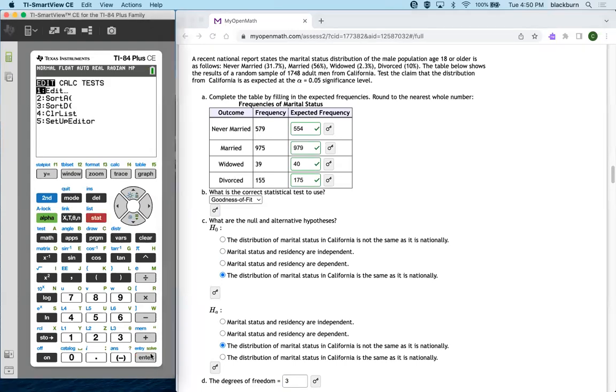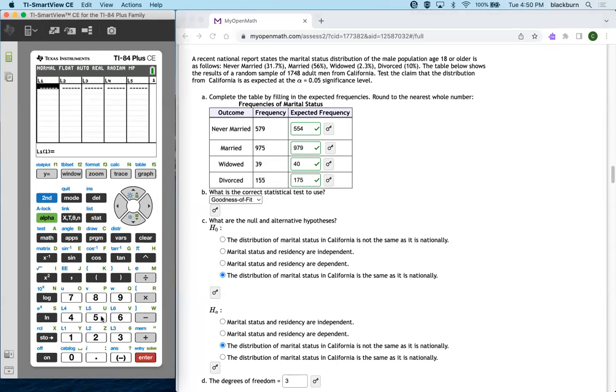So stat, edit, and put those in there. 579, 975, 39, and 155. Then I go over to the second column: 554, 979, 40, and 175.